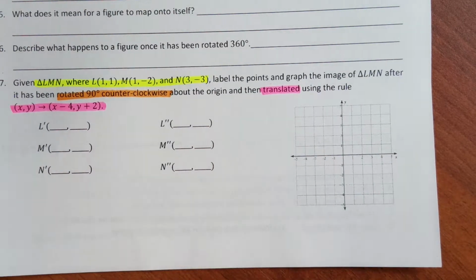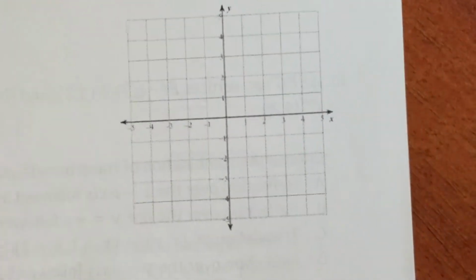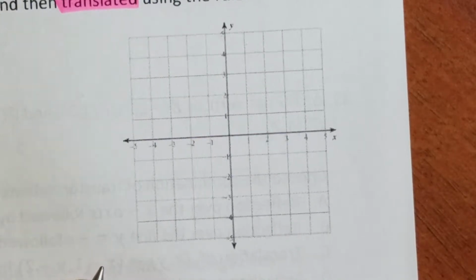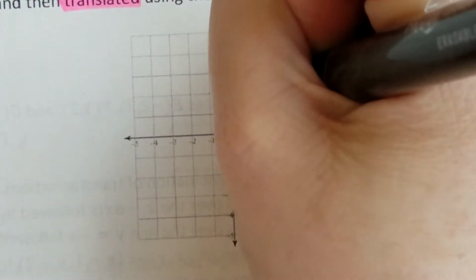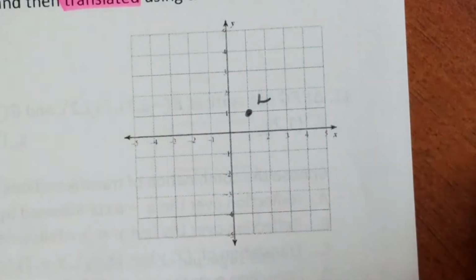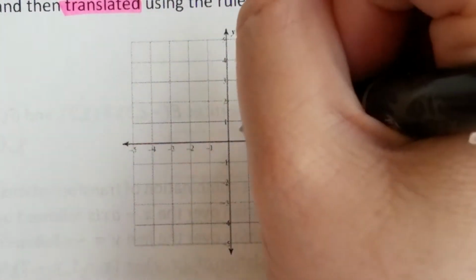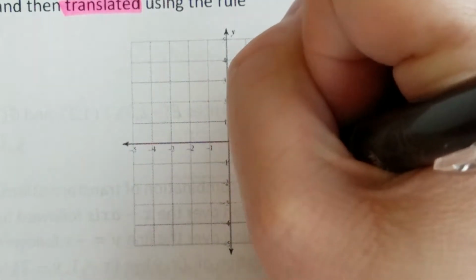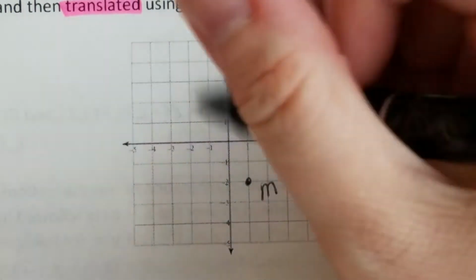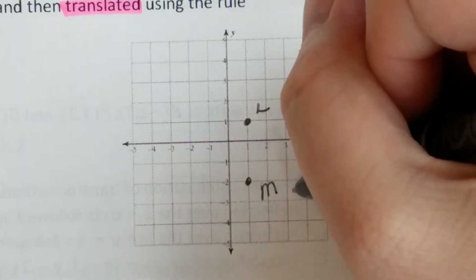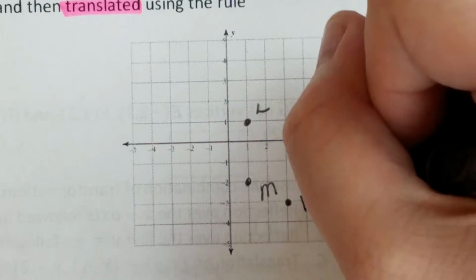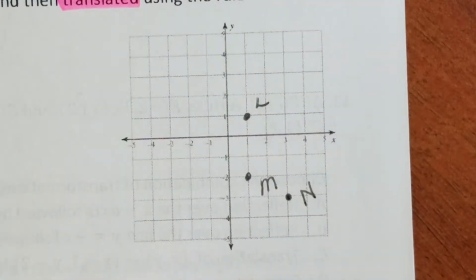So first of all, let's graph our triangle. Let's see what we have here. We have 1, 1, and that is L. We have 1, negative 2, and that is going to be point M. And we have 3, negative 3, which is going to be point N. So there is our preimage.